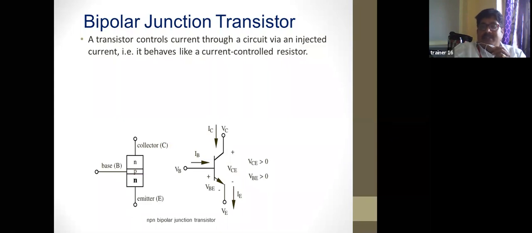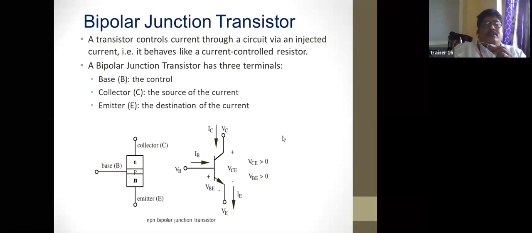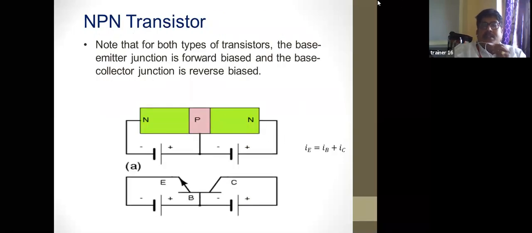Both NPN and PNP transistors exist. In the NPN transistor, the N is the emitter, P is the base, and N-type again is the collector, right?